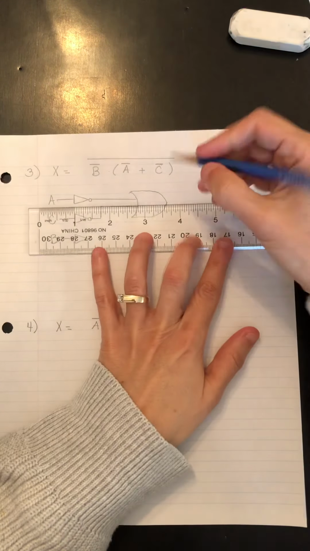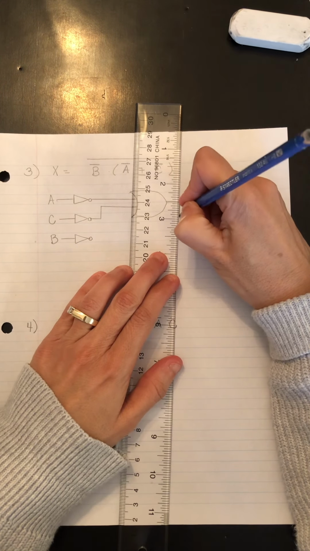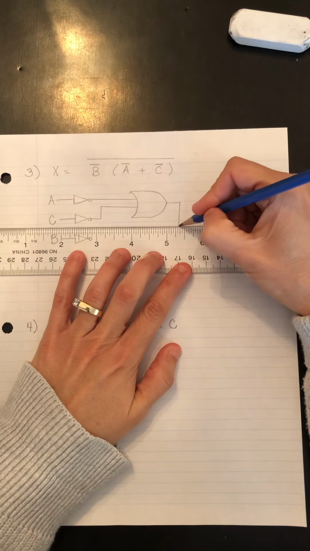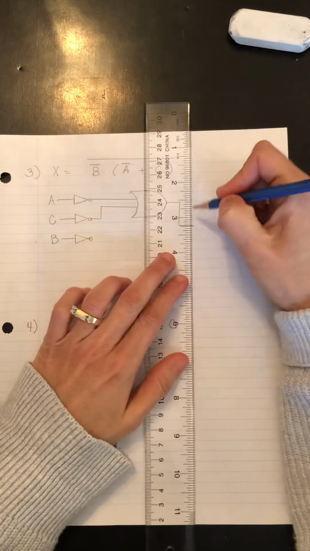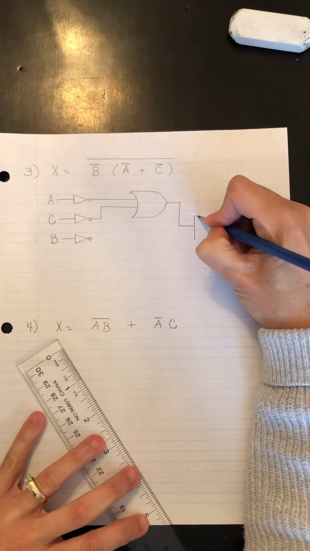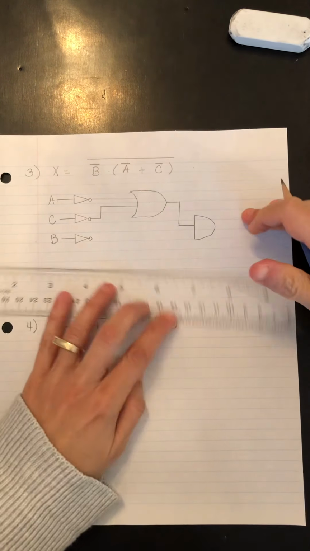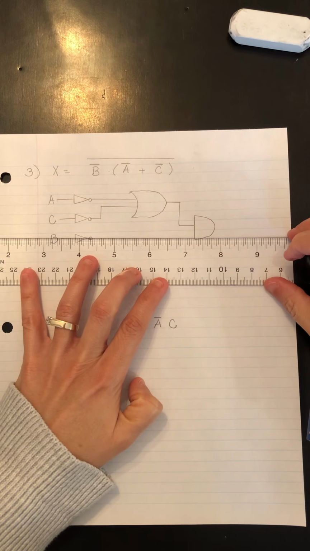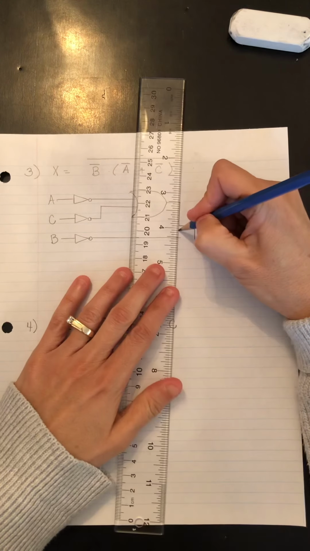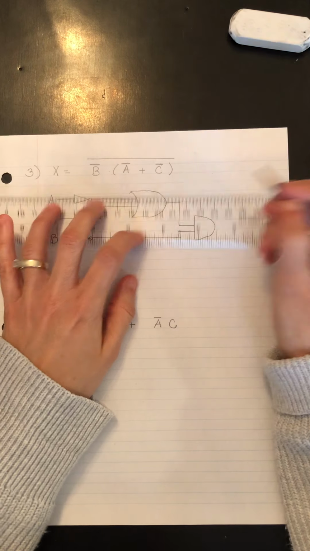So after this, I need to have AND. So let me start. Okay, so straight in the front. And of course, B naught is meant to be going in there. So I guess I'll just bend the wire a bit there as well.